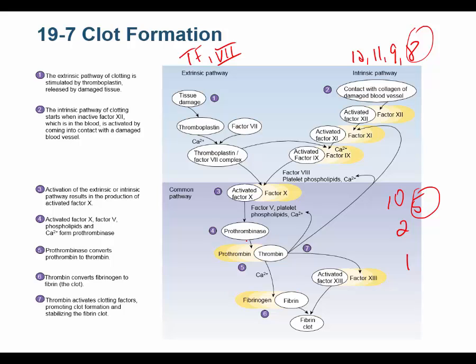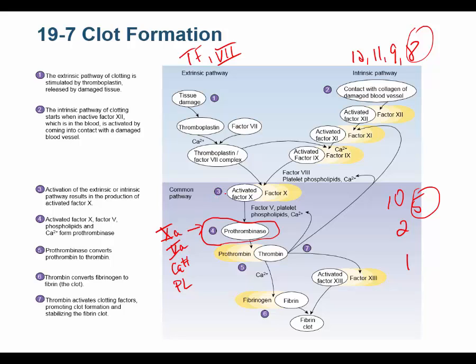So this prothrombinase complex right here, number 4, is really 10A, that's 10 active, 5A, calcium, and phospholipid. That's the prothrombinase complex.